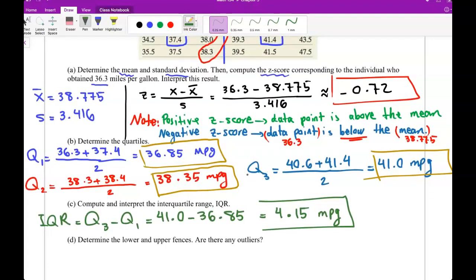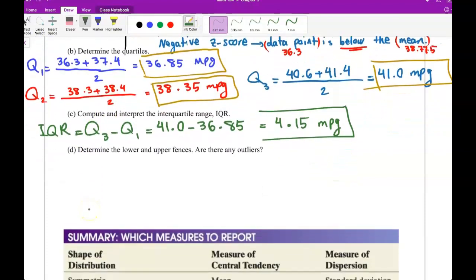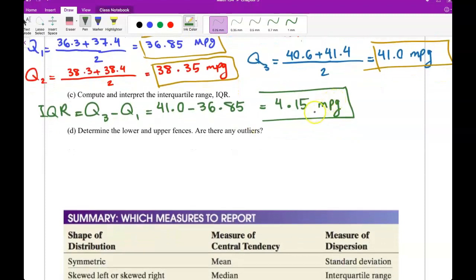So the interquartile range is equal to 4.15. That is the difference between Q3 and Q1. So we got exactly the same number that we had on the calculator and also StatCrunch.